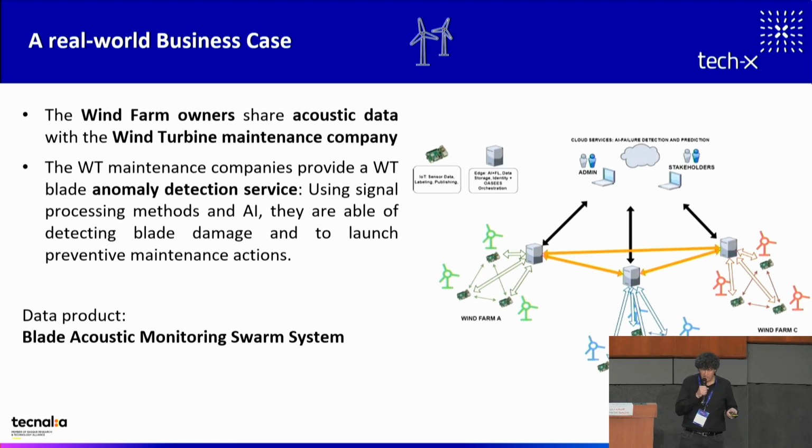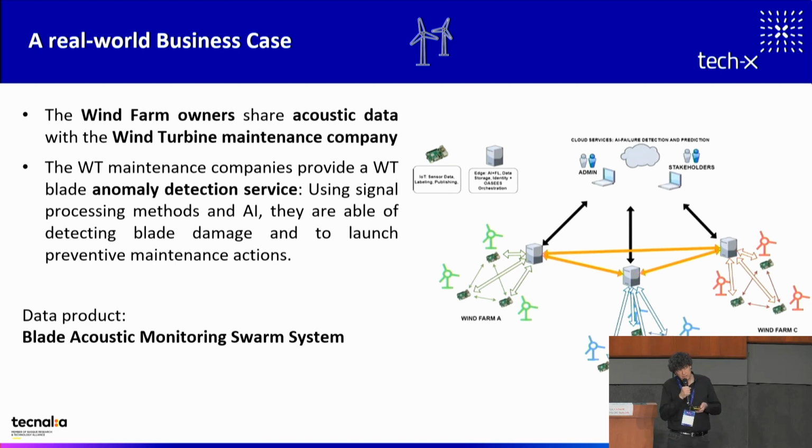So usually we have a network of sensors that are monitoring the condition of the blades in a wind farm. And the idea is that this network of IoT devices could cooperate, could exchange information, could collaborate with the cloud level to exchange information. And in this way, we have, on the one hand, the wind farm owners that could provide this acoustic data from the specific farms that they have.